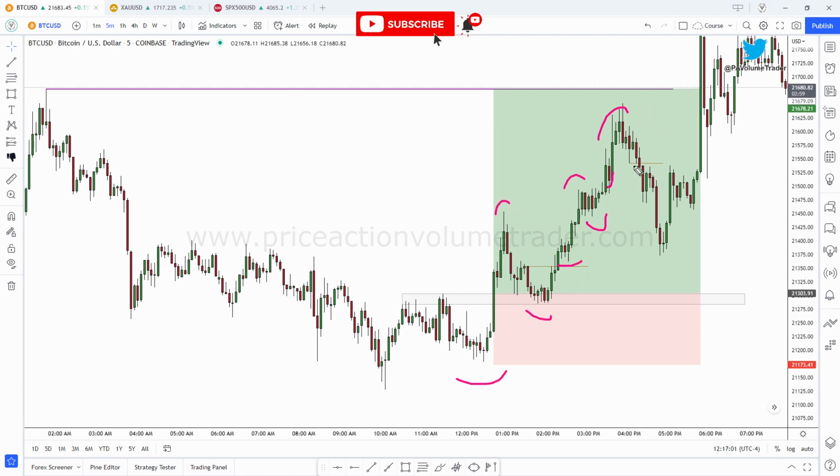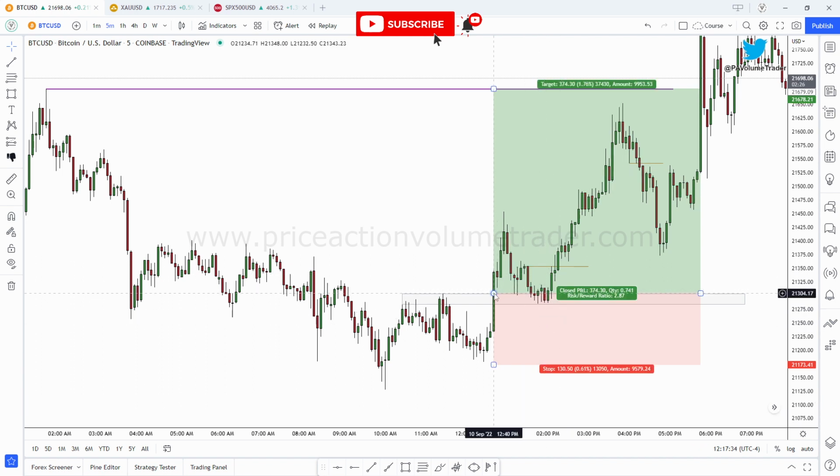And then right here, we come down, we bounce, and instead of bouncing, we come down and we break below this. This is your sign to just get out. Once we break here, you could cut your trade here, and you can see you still had your entry here, and your stop loss, if you had trailed it at this point, would be right here, but you would have still closed in profit. So that's just an example of the trade management.